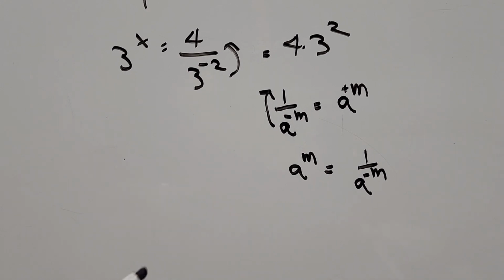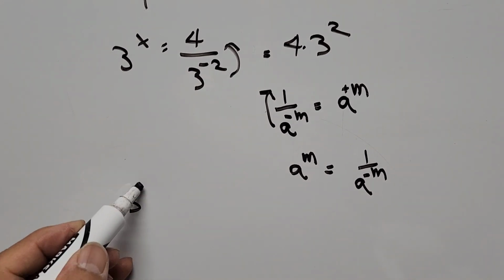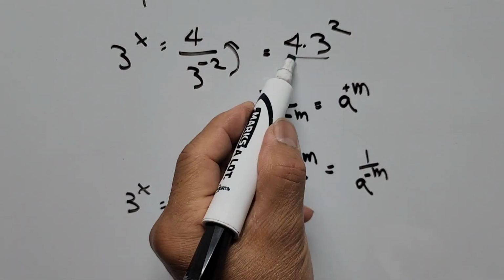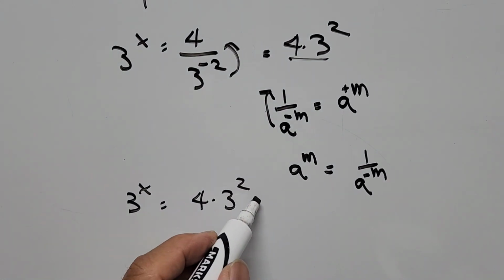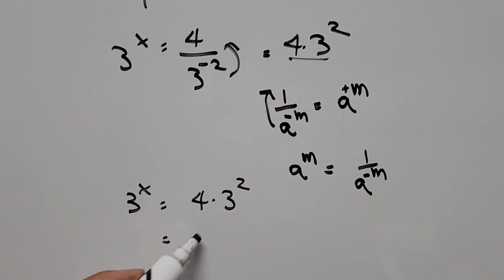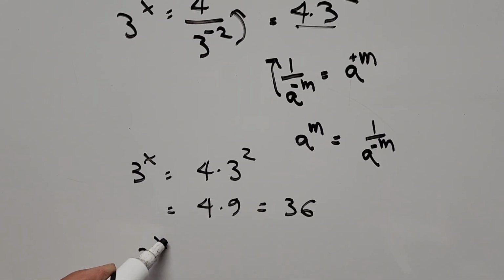So back to our equation, we have now 3 to the power of x is equal to the right hand side, that's 4 times 3 squared, which is equal to 4 times 9, and 4 times 9 is 36. So we have 3 to the power of x is equal to 36.